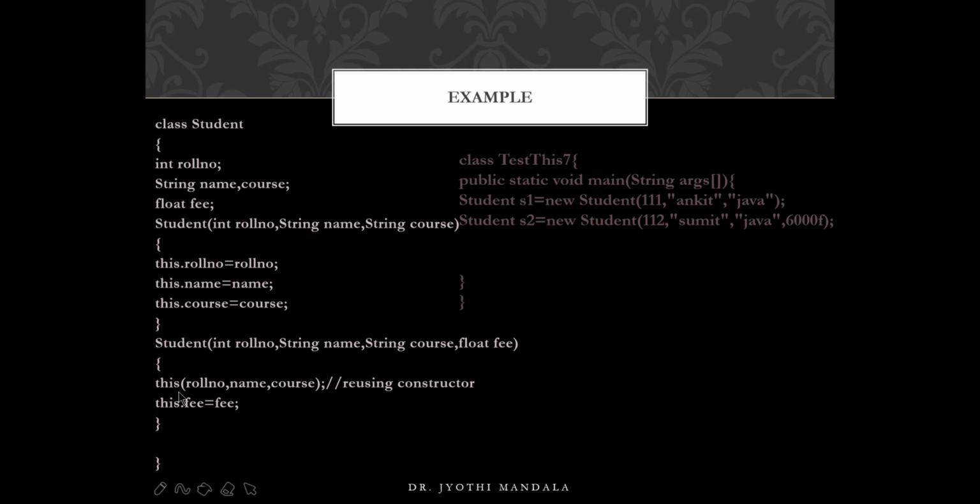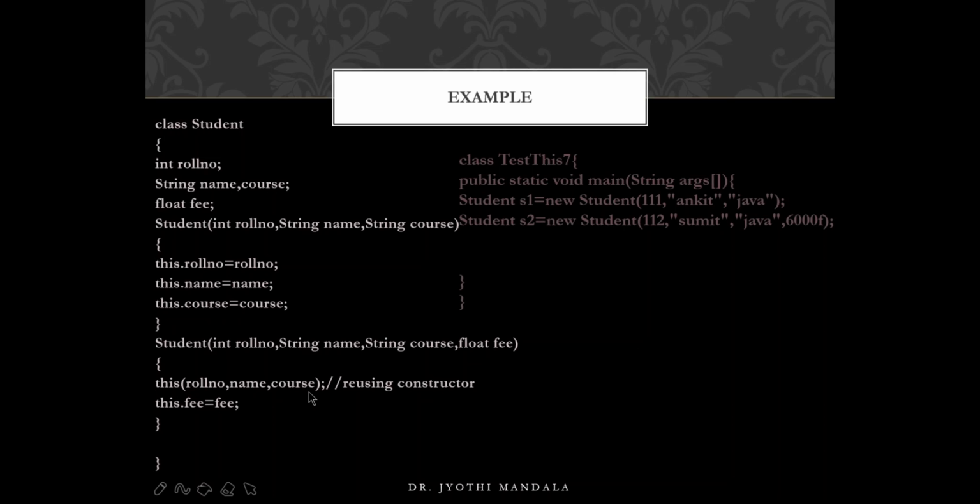So whenever you are referring like this, the control will go from here to here, and whatever roll number, name and course you have given, that means 112, Sumit and Java, will be copied here, and for S2 the instance variables will be initialized, and then it will come back, and this dot fee will be initialized to 6000, whatever value you have given.